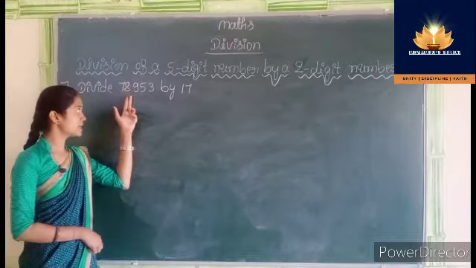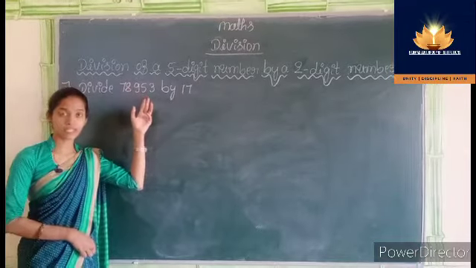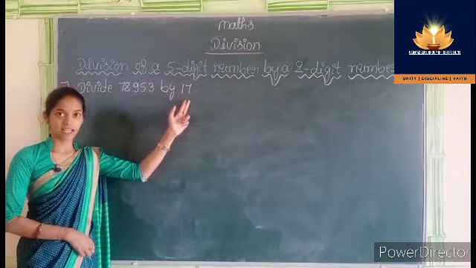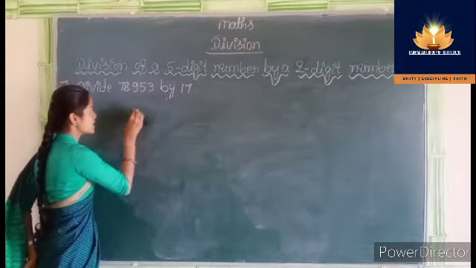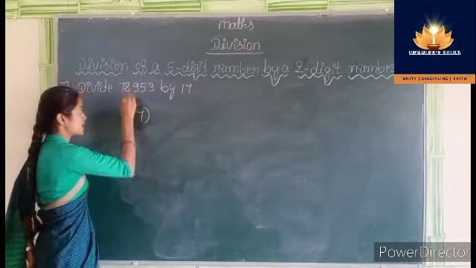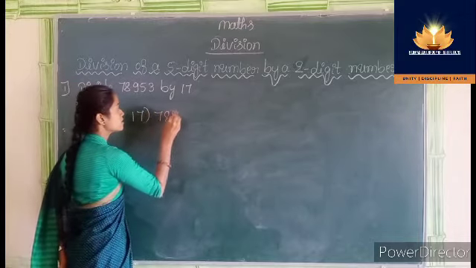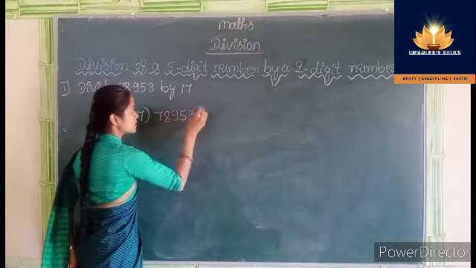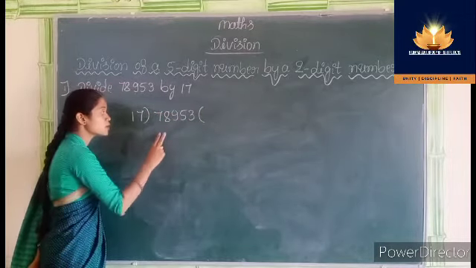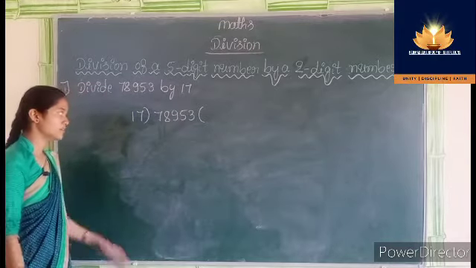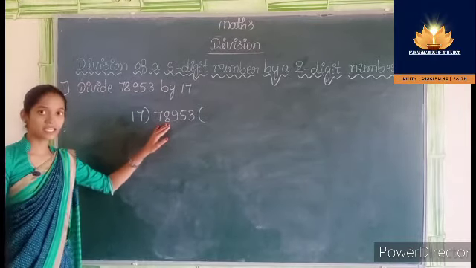Divide 78,953 by 17. Here 17 is a divisor and 78,953 is a dividend. Consider the 2 leftmost digits of the dividend, that is 78.